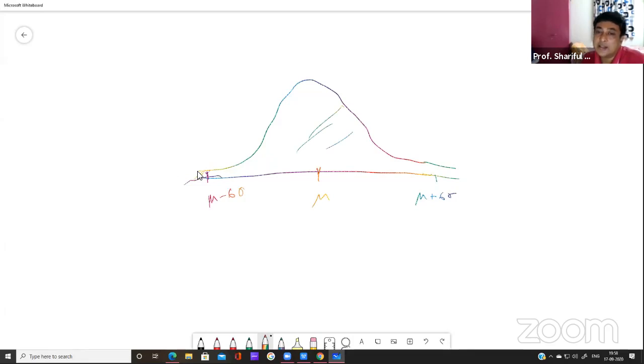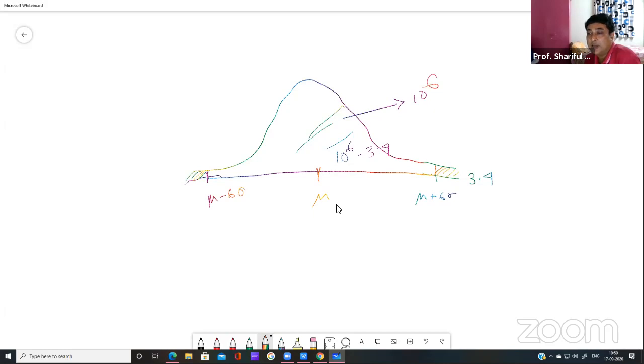If the area under this curve, instead of 1, I just assume it is 10 to the power 6, that means 1 million. Better to say how much area will be left beyond this 6 sigma level. That area is only 3.4. That means this area is 10 to the power 6 minus 3.4. And this property is true for all values of mu and sigma. That does not depend on mu and sigma.